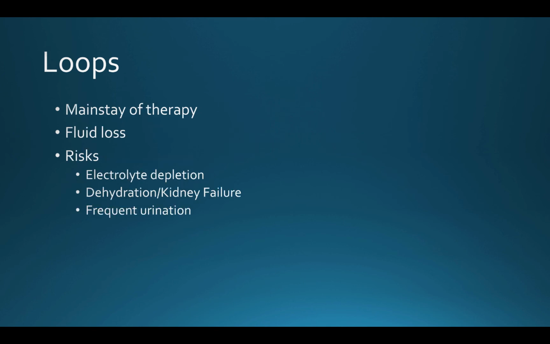Fluid loss, electrolyte depletion. Again, anytime you're using a drug to eliminate fluid out of the body, it's going to go out through the urine and through the bladder. So that's going to lead to frequent urination. Huge complaint in our geriatric patient population for sure.